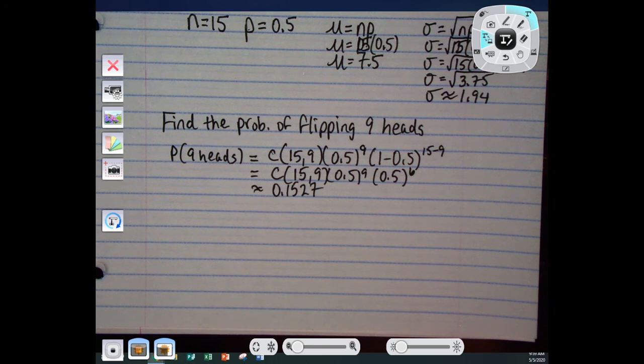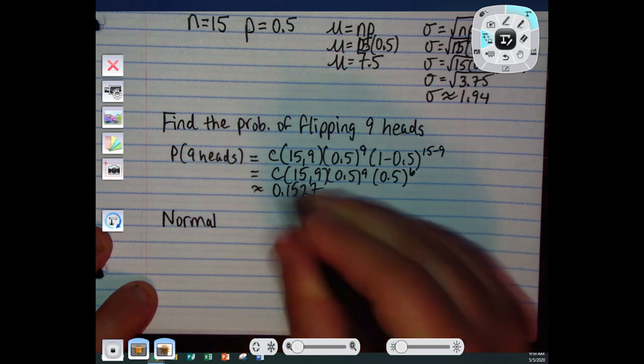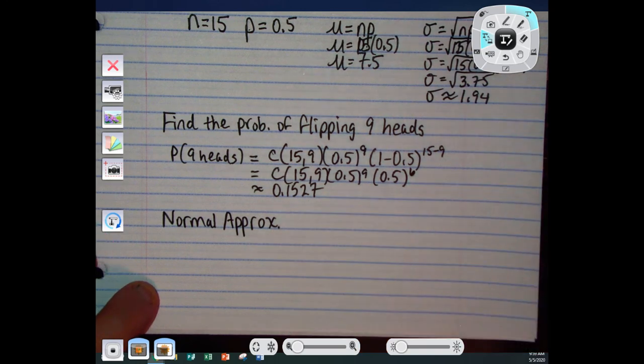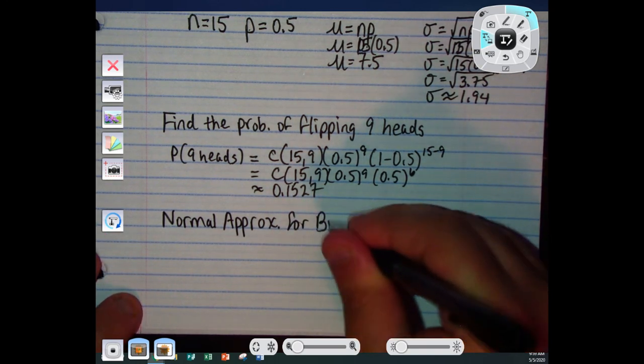And in this case, 15 is considered large. Anything above 5 is considered large. So again, as we start to graph this, we notice that the curve becomes more and more normal. So based on this, we have another way that we can find the probability. And that's by using what's called normal approximation for binomial distribution.